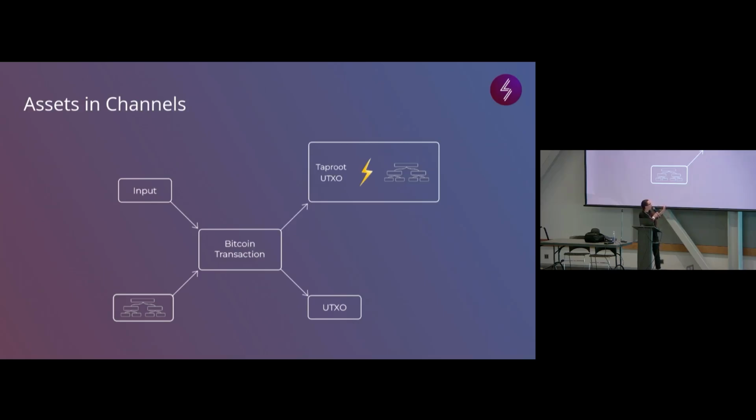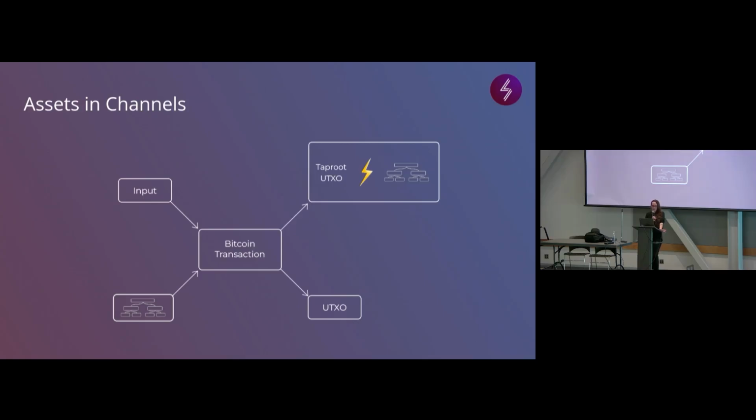So she creates this output and does the usual channel setup, coordinating with Bob, so they have all the appropriately signed transactions, and she then puts these assets in this channel. A very important thing to note here is that this is, of course, a Taproot channel on Lightning. LND has had, was it maybe a year now? It's been a minute. We've had Taproot channels that you can set up using LND.